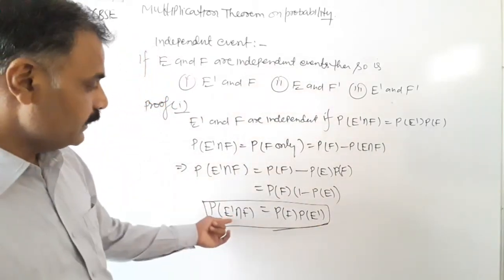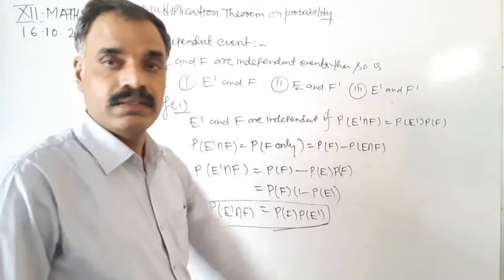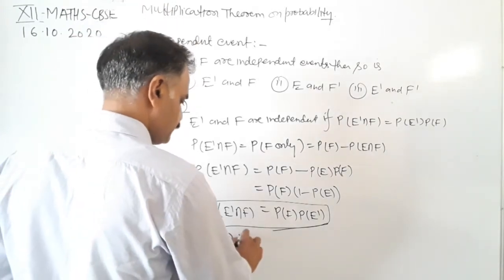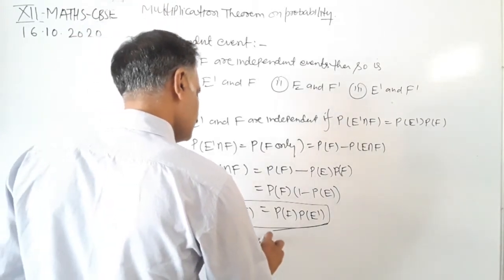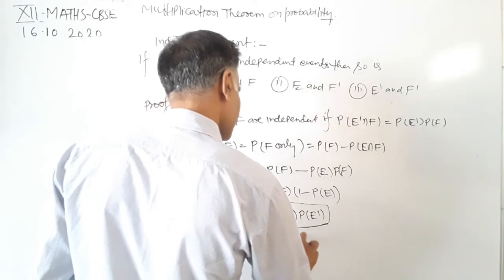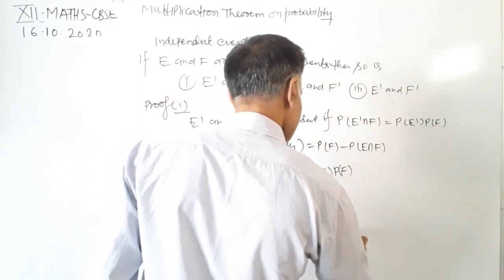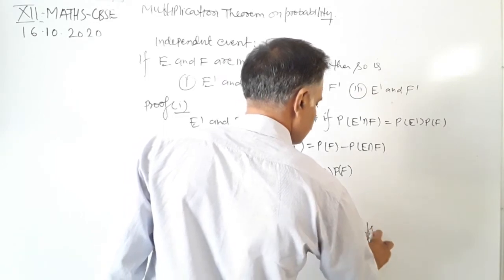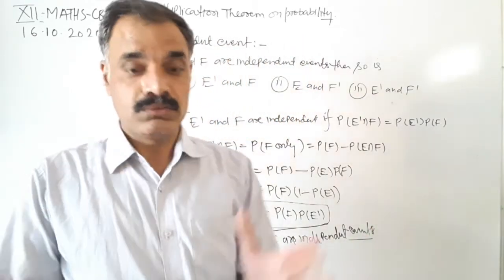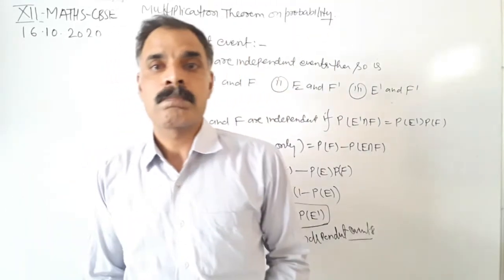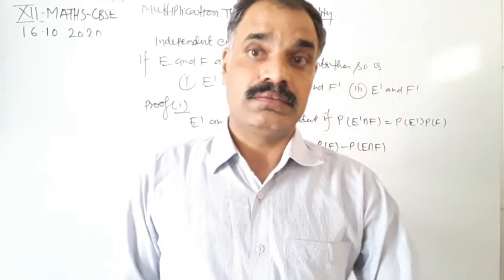It means E dash and F are independent events.